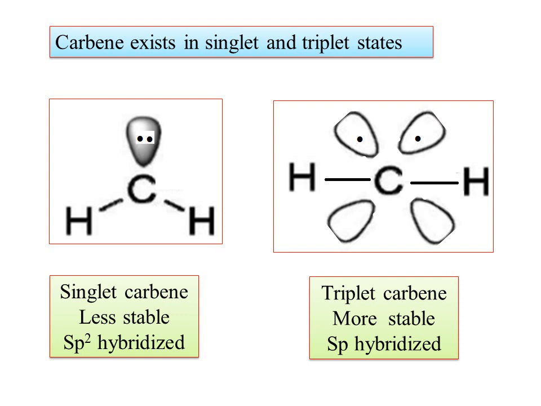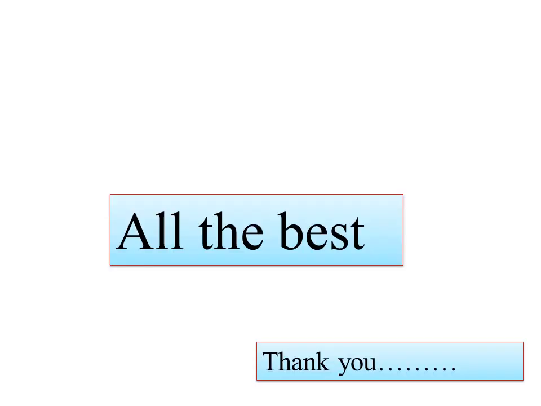If it is sp2 hybridized, it has only one sp2 lobe holding both electrons, which we call a singlet. If the central carbon atom is sp hybridized, it has two bonds and two sp hybridized orbitals. If each orbital has one electron, we call it the triplet state. Thank you. All the best.